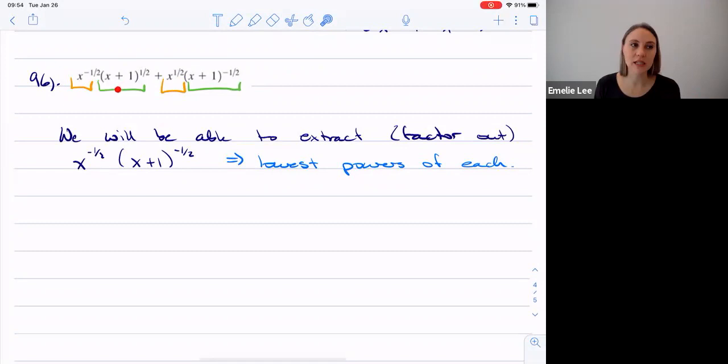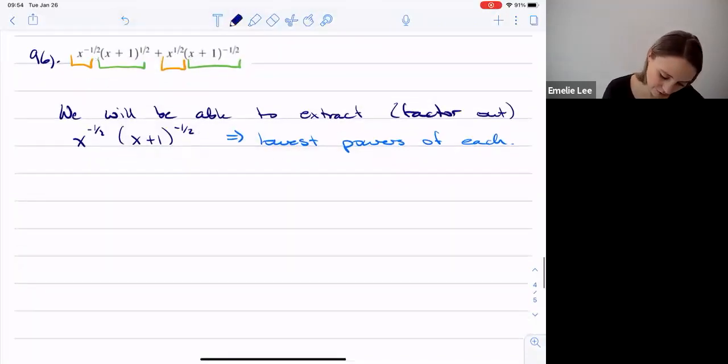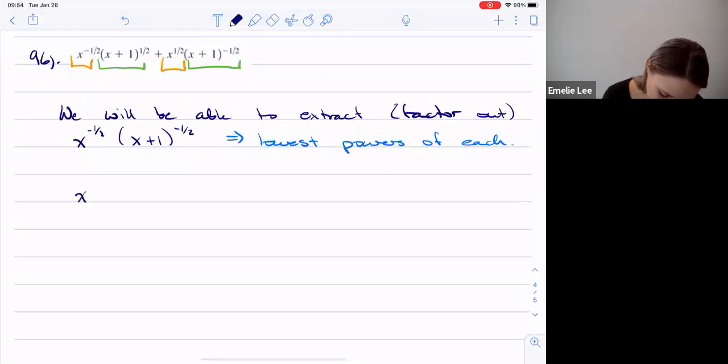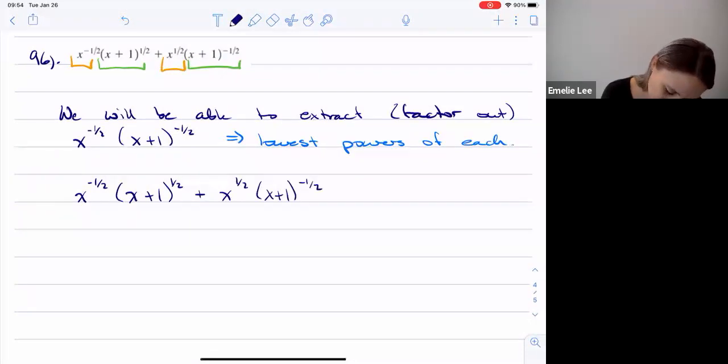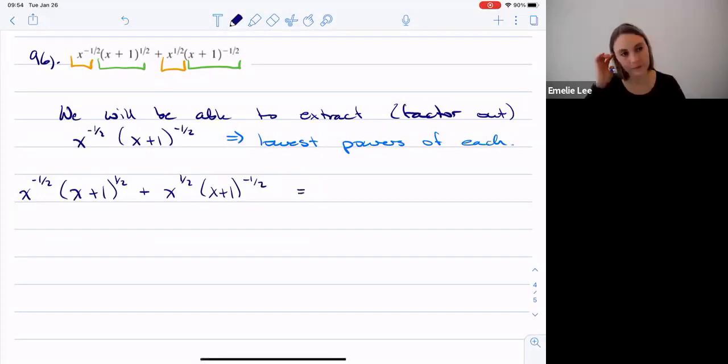And then same thing here, if I need to pull out an x to the -1/2 from a +1/2, then I need to be adding a full unit, 2/2. So we can rewrite this as x to the -1/2. Actually, I'm just going to copy the expression down here. x plus 1 to the 1/2 plus x to the 1/2 times x plus 1 to the -1/2. I'm going to scoot this over a little bit so I can work to the right of it.